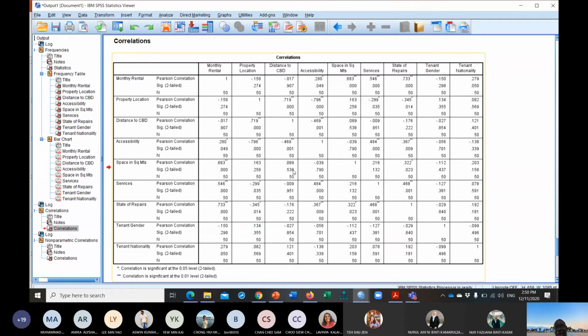But it's showing that if there is easy accessibility to navigate around, multiple choices of commuting to your property from the center, that will determine your rent. So accessibility is more important than the distance. That is what this correlation is telling us. Is that clear?